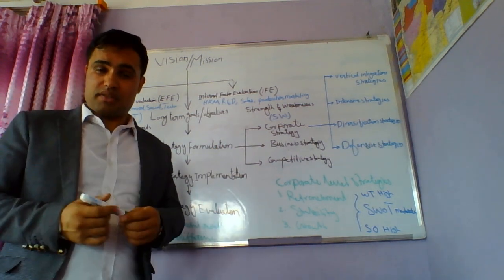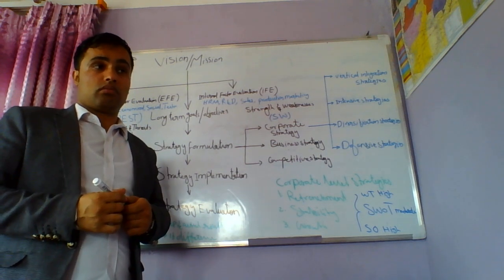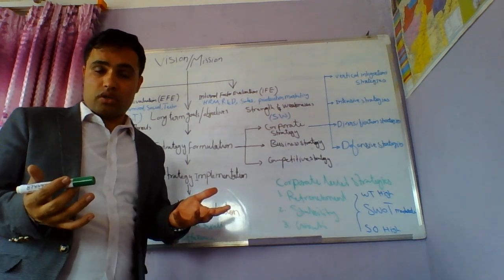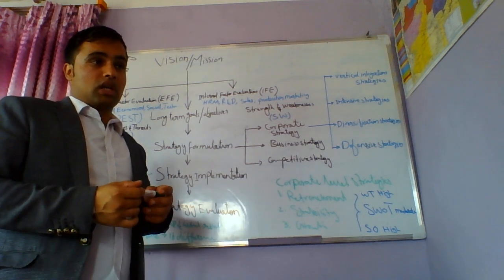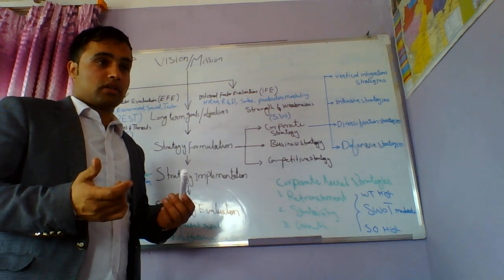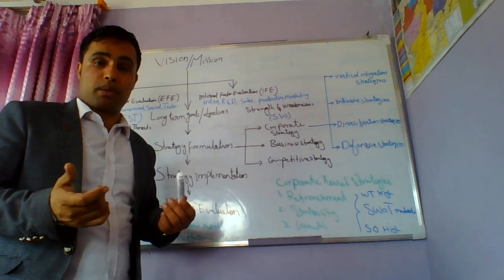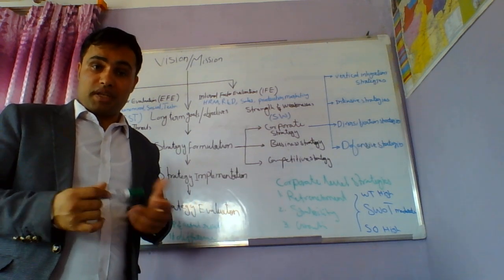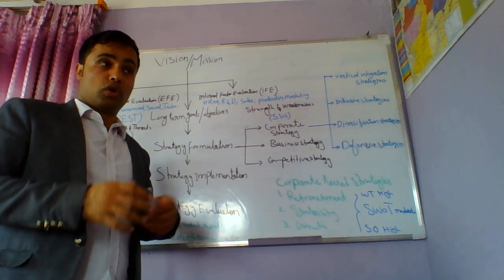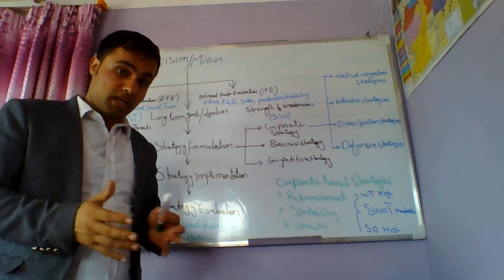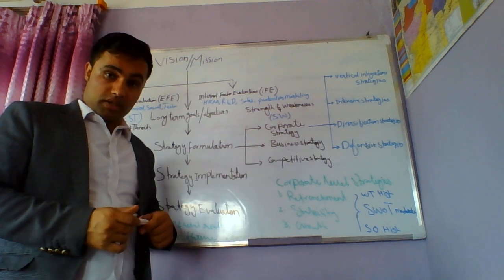For example, let's say Toyota company is making a strategy, and Toyota identifies how many types of vehicles will be produced by Toyota. So the overall strategy is identified. That is corporate strategy.